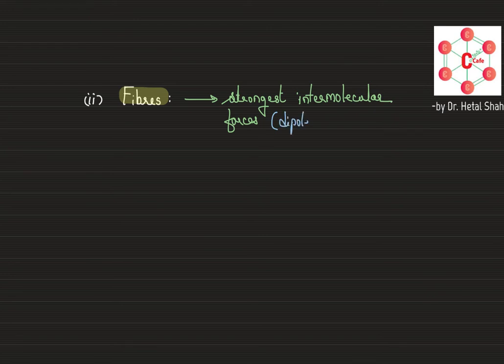Okay, the next category here is fibers. Now fibers, they have the strongest intermolecular attractive forces. Generally, the polymeric chains have attractive forces in the form of either dipole-dipole interactions or H bonds.